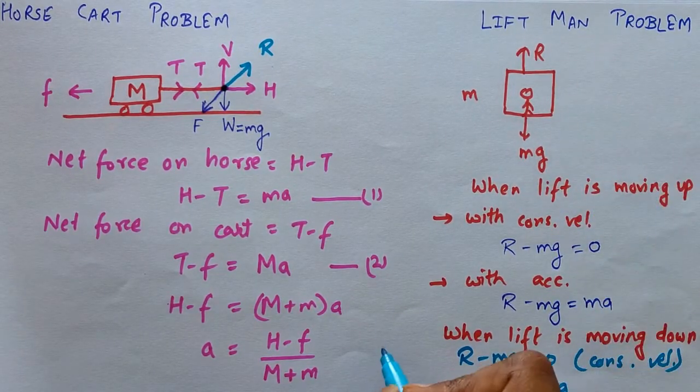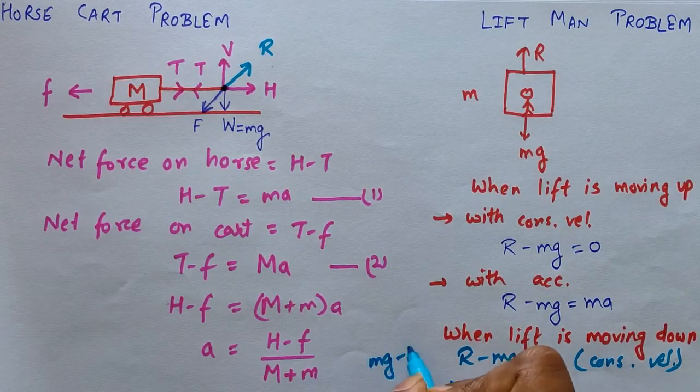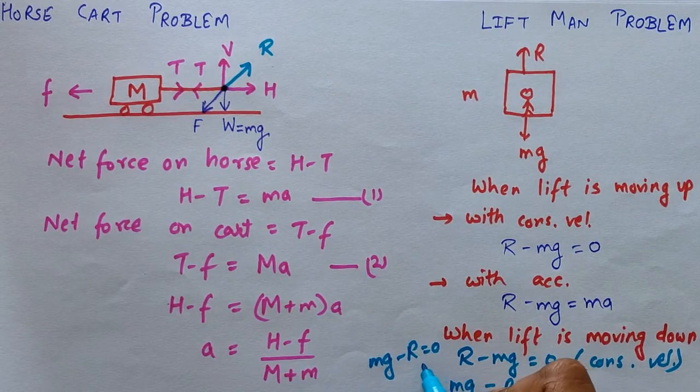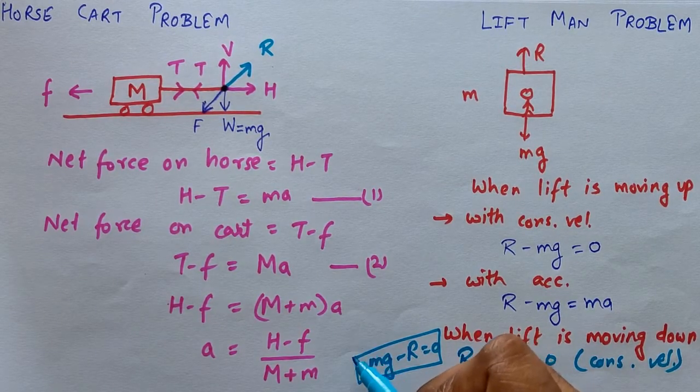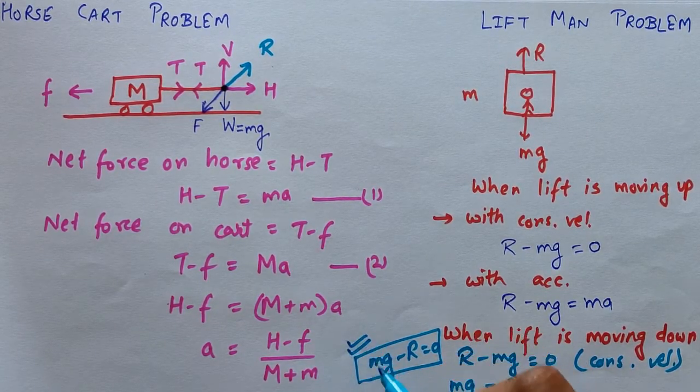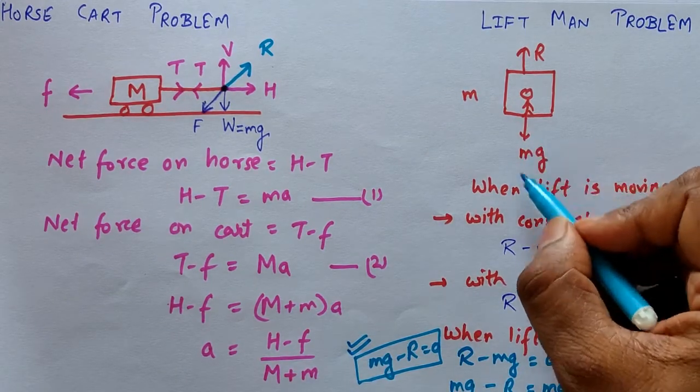In the first case you can also write it as mg minus R is equal to 0. This one is also correct because mg will be equal to R. So it is best to prefer this one because the lift is moving downward, so mg will be greater.